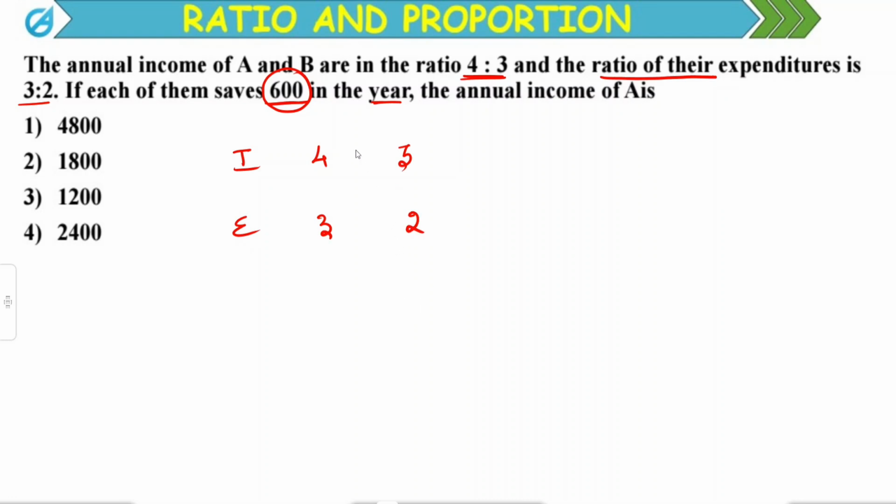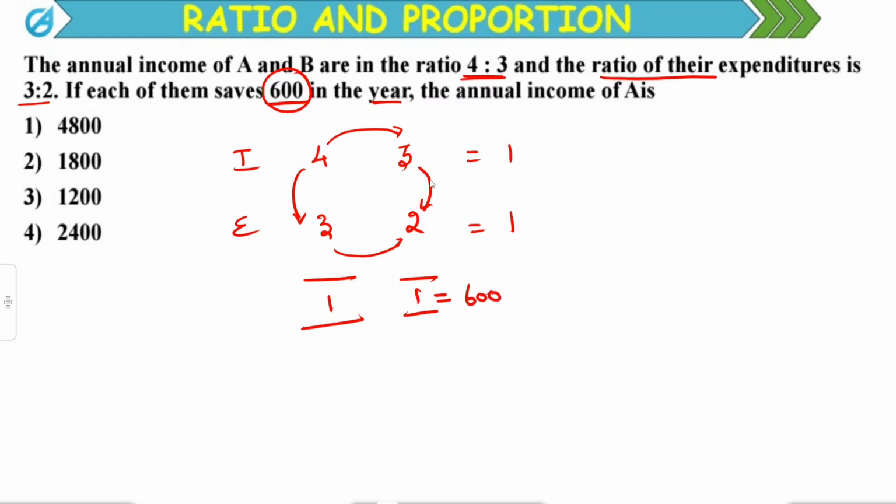First, you need to check this difference. Here, what is the difference? 1. Here, what is the difference? 1. If the differences are the same, then this difference of 1 is nothing but 600.